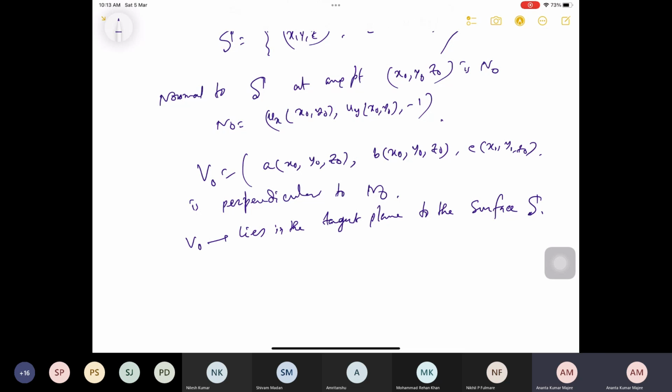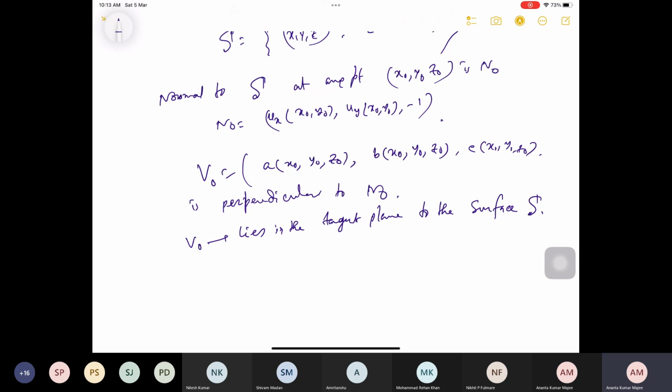So I want to find a surface, say z = u(x,y), such that my vector field V(x,y,z) = (a(x,y,z), b(x,y,z), c(x,y,z)) lies on the tangent plane to the surface S at any point (x,y,z).